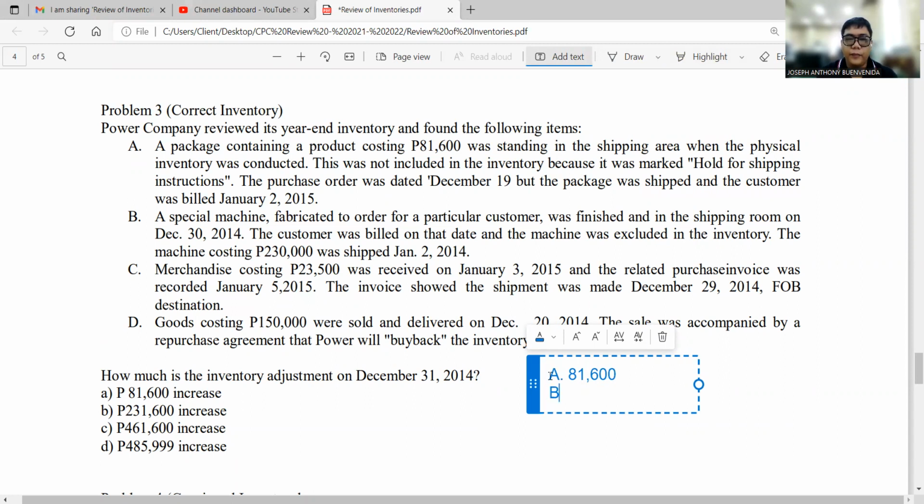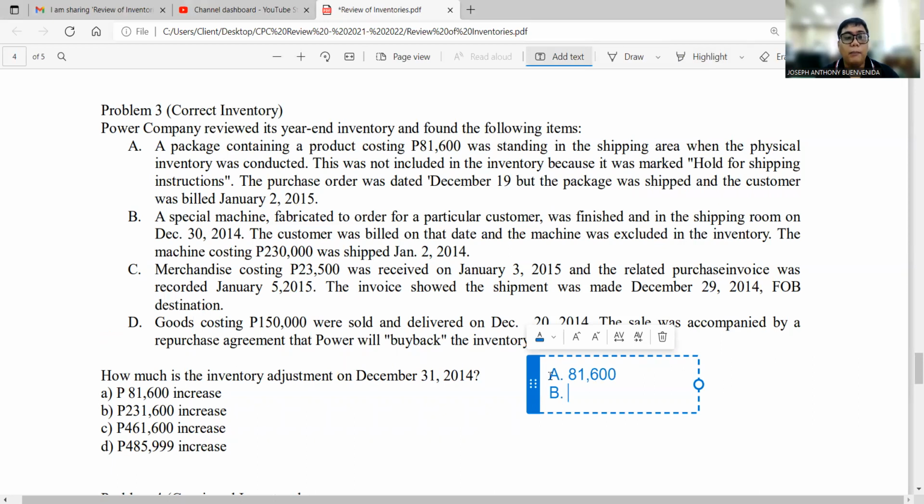So B. A special machine fabricated to order for a particular customer was finished and in the shipping room on December 30, 2014. The customer was billed on that date and the machine was excluded in the inventory. The machine costing 230,000 was shipped on January 2, 2015. If it is a normal inventory, it would be part of our physical count.